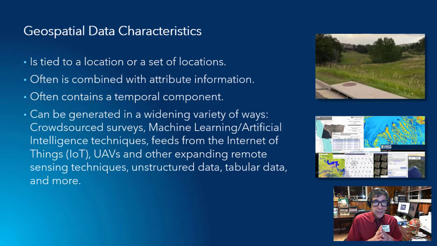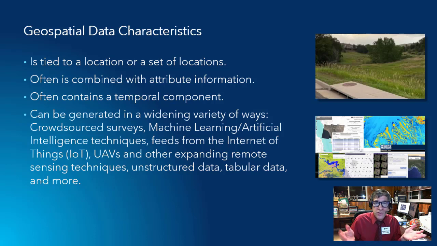Geospatial data, as a reminder, has some important characteristics. This is not an all-encompassing list, but it's tied to location. It's got a street address, a latitude, longitude, a place name, something that ties it to a location. Now, that location could be on, above, or below the surface of the Earth. It could be in the oceans.